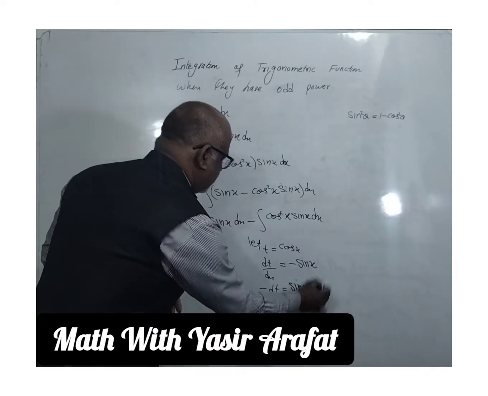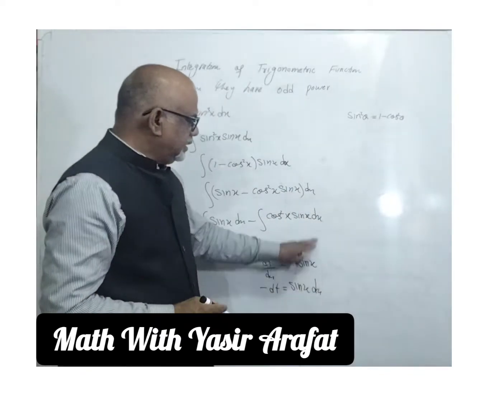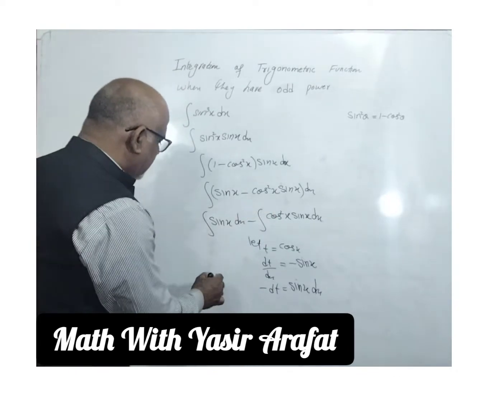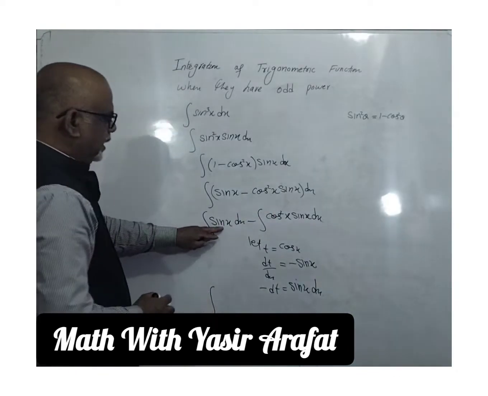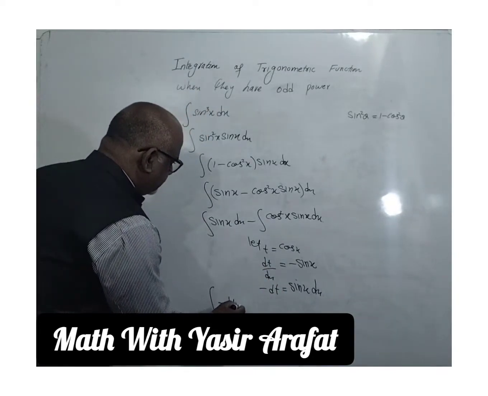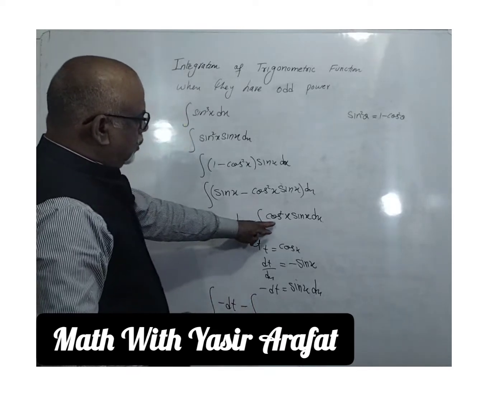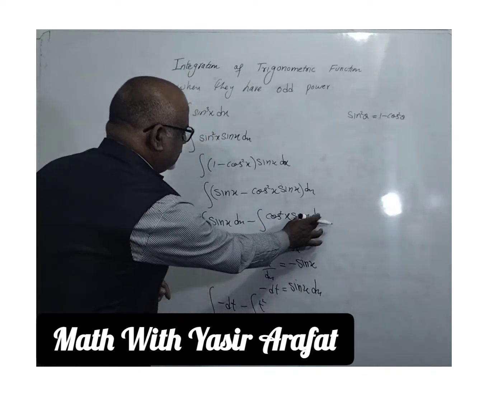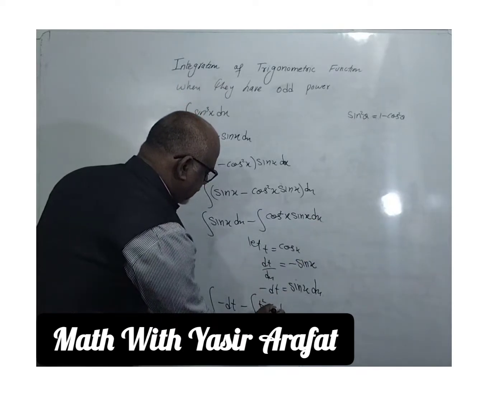So this is sine x dx, and we suppose cos x equals t, so cos square x is t square. So sine x dx equals minus dt.